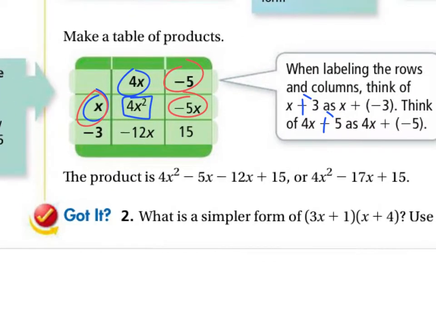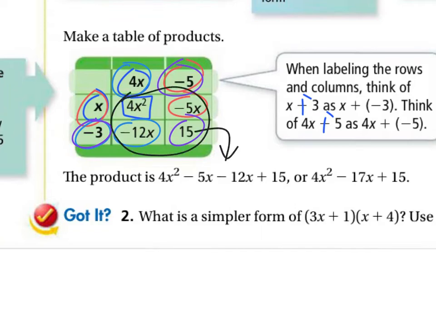Negative 3 times 4x is negative 12x, and then negative 3 times negative 5 would be a positive 15. Then they wrote these products out horizontally, and the middle terms they combined together. So like I said, if you want to do it that way, that's fine. Otherwise you can just think of it as distributing like we did previously.